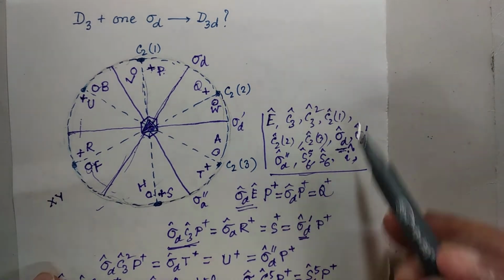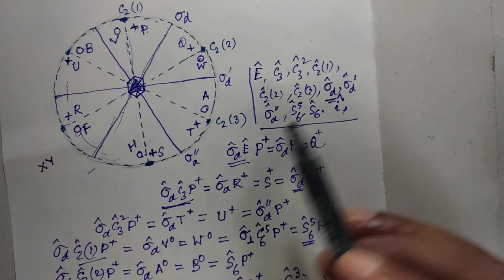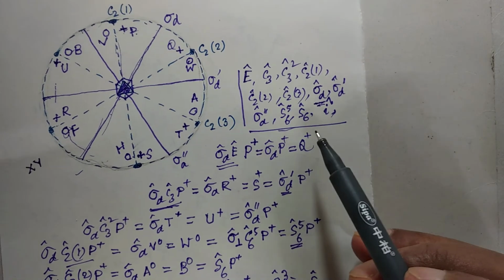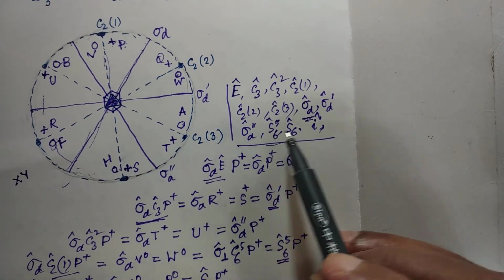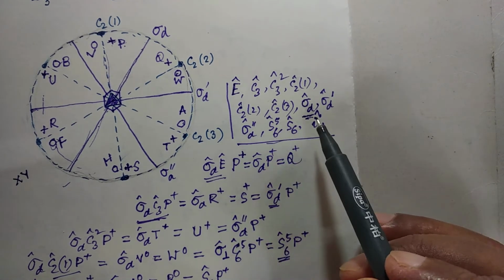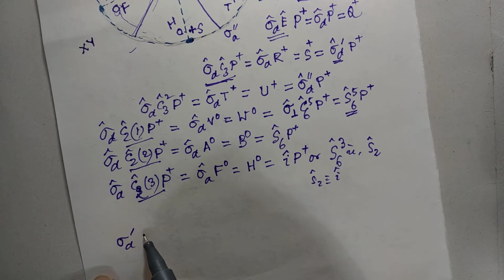So in all there are 12 symmetry operators. We are now to see whether this set is closed. Therefore, we have to multiply two of the newly generated operators. Suppose we multiply sigma d primed, a newly generated operator, with sigma d double primed.